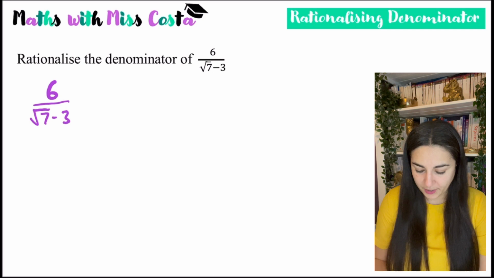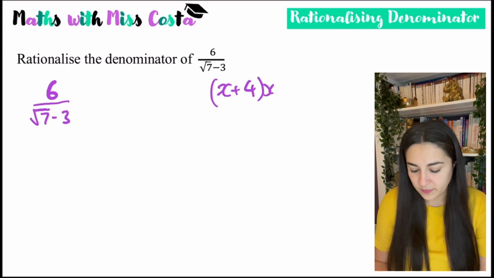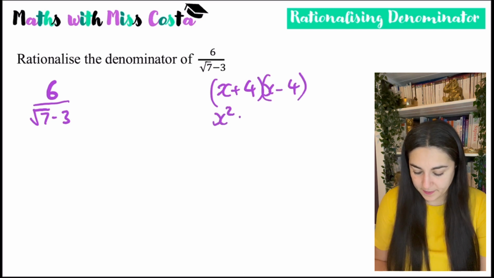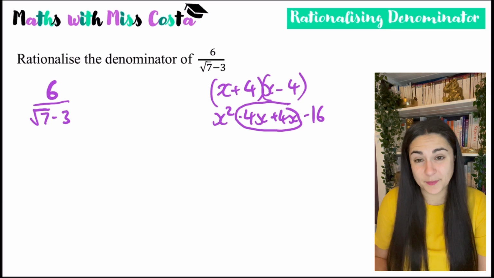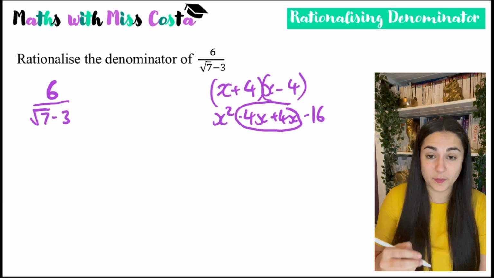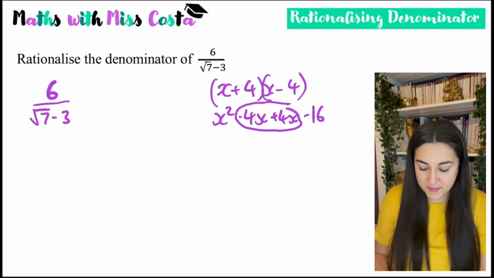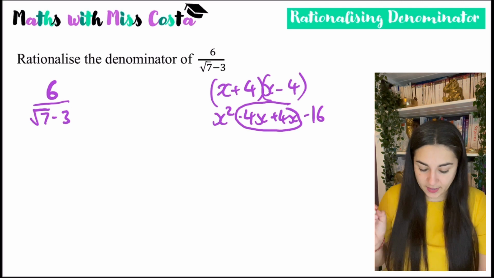So if you expand brackets and you have, let's say, x plus 4, x take 4, what happens? You get x squared take 4x plus 4x take 16. So the key thing is that the two middle terms cancel out. So that's why we use the conjugate, because when we expand the double brackets, the middle terms are going to cancel out. And so we would have got rid of the third part.